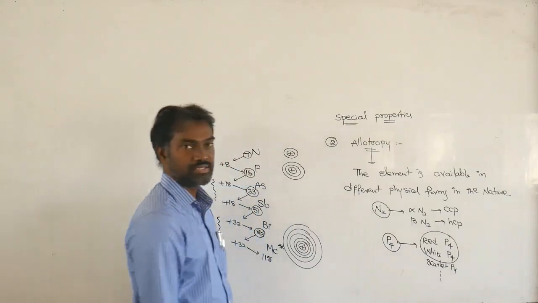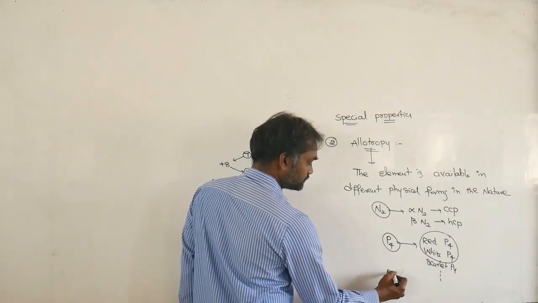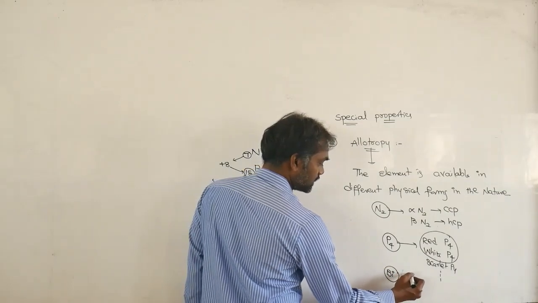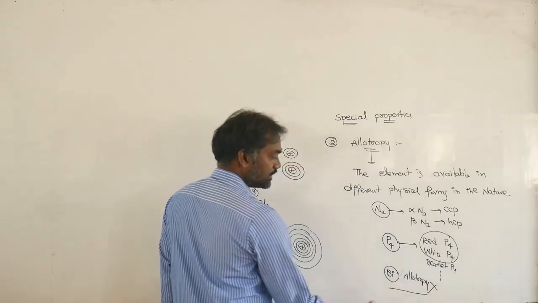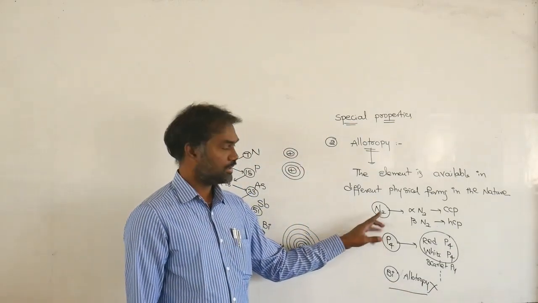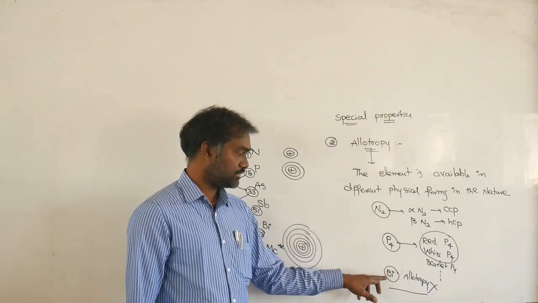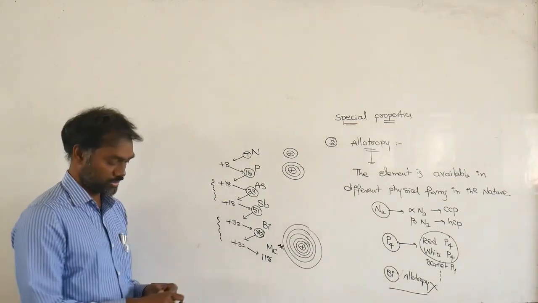Next, bismuth is not showing allotropy. You must be aware of this. In your NCERT they mentioned nitrogen is not showing it, but nitrogen does show it; only bismuth does not show any allotropy. So remember that.